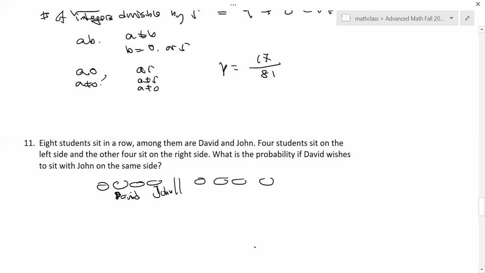So step 1, the number of all possible arrangements. You have 8 seats, 8 students, so you can permute them. The total will be 8 factorial choices.